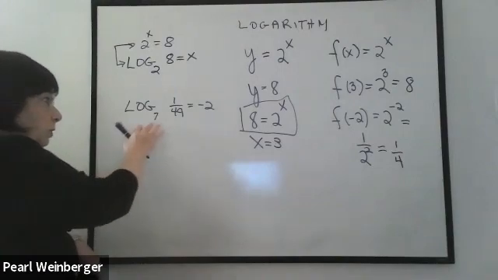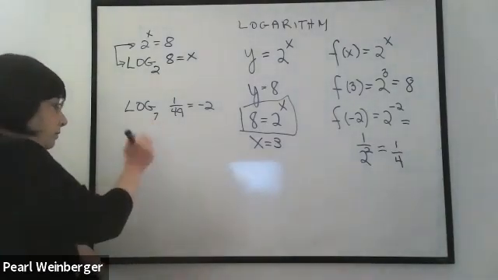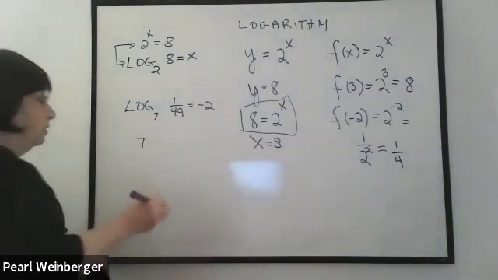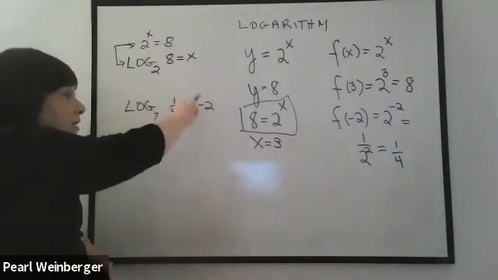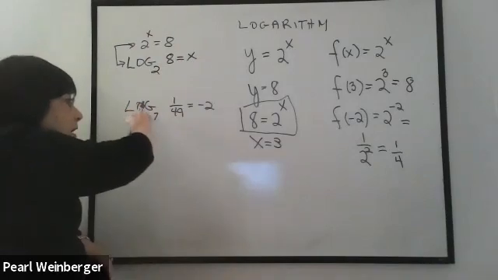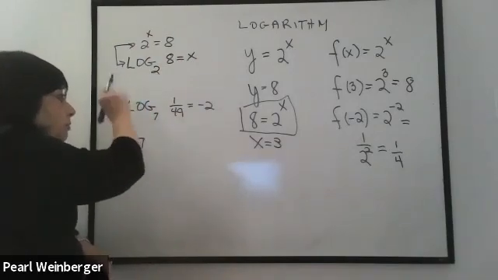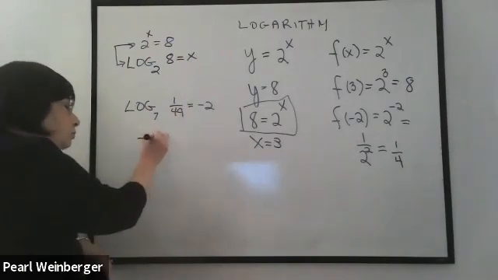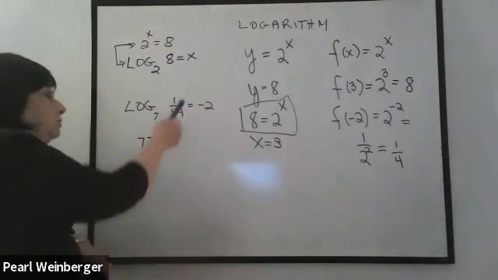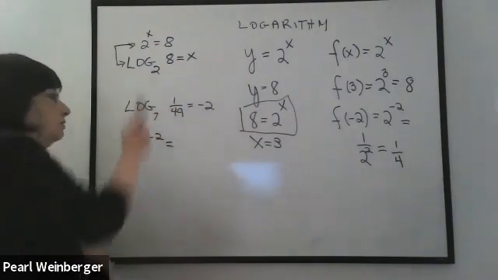Remember, the subscript is the base, so my base is 7. Log is another word for exponent, so the exponent is -2, and that equals the number right next to the word log.